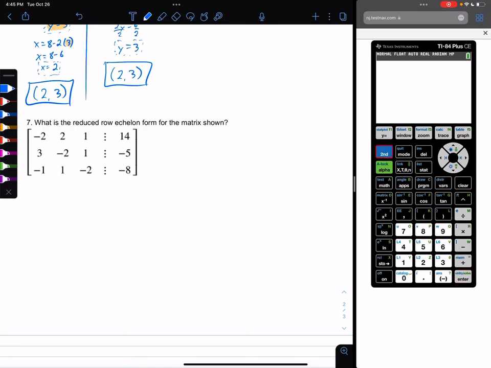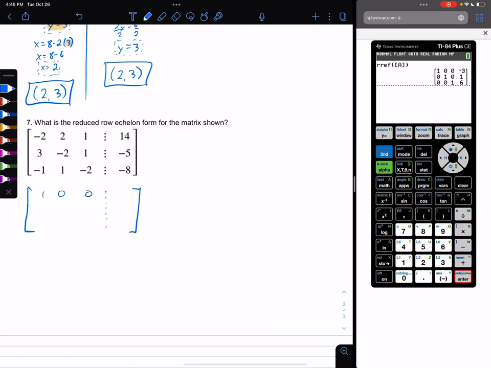Now we're going to go to second matrix, go to math, and we want the reduced row echelon form. So option B, select that, go to our matrix one more time, select matrix A, which is what we edited, close the parentheses and hit enter. So now we're going to copy this. This is the reduced row echelon form.